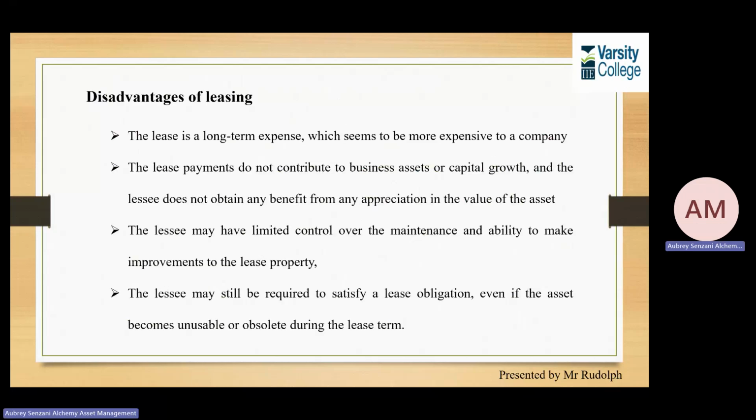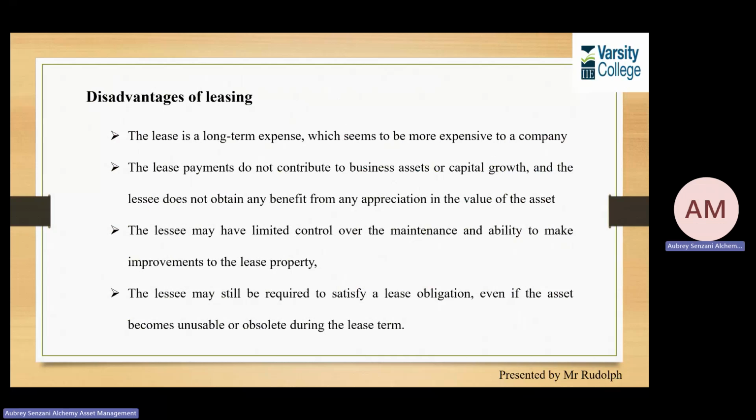Okay, so let's go on. Then there's obviously disadvantages of leasing. The lease is a long-term expense. Remember, I told you it's not easy to just jump out of this if you decide you no longer want to be leasing this asset. Then the lease payments do not contribute to a business's assets or capital growth.